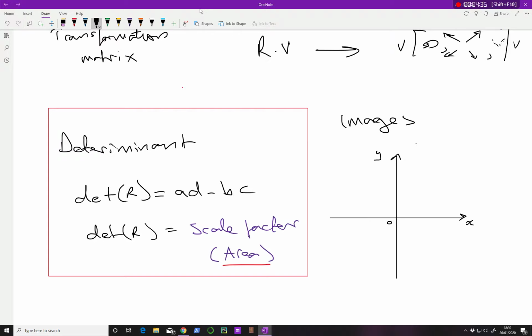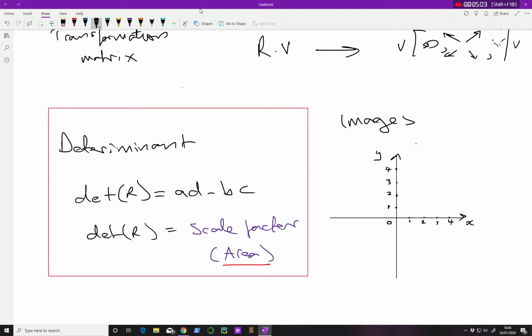And that's one, that's two, three, four. I'm only going to do this in the positive axis. And here we have 1, 2, 3, and 4.